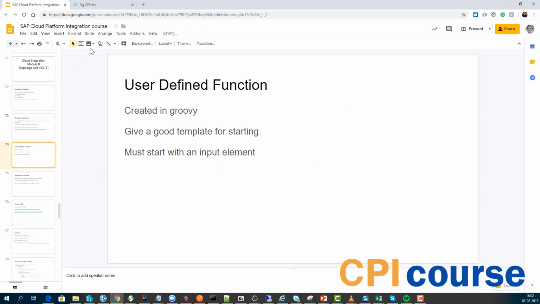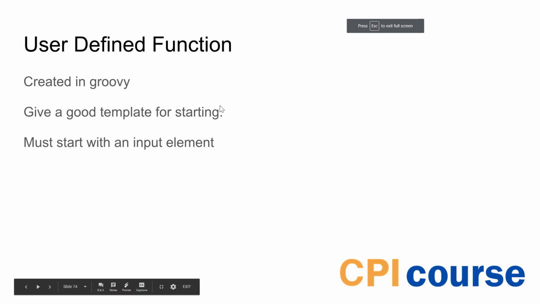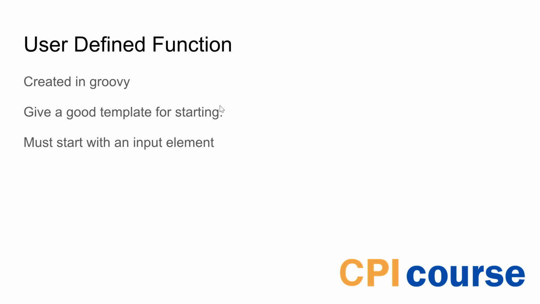Then we also have the option that sometimes some of the things you're doing are not really optimal, and you need to create a Groovy script for it that contains a user-defined function that does something specific. So it could be that you wanted to get the next date.